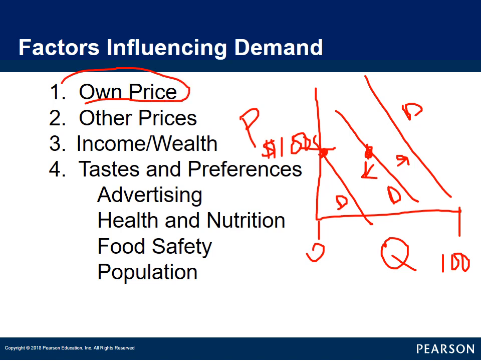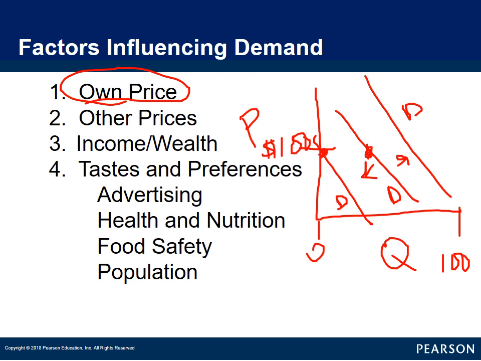If the price of the particular product decreases or increases, it is possible that the demand will change. Also, if the price of competitor products decreases or increases, let's think about Nike shoes and Adidas shoes. If all of a sudden there's a big sale on Nike shoes, people are going to demand more of Nike shoes and potentially less of Adidas shoes.